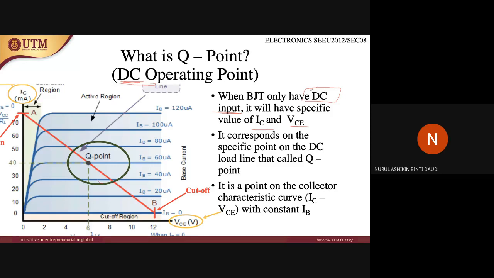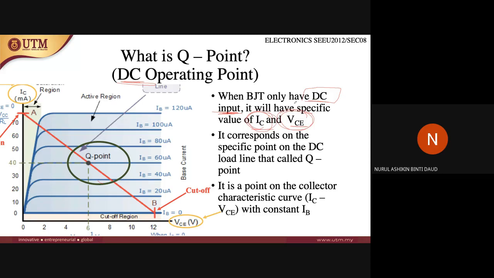DC input means that the input of the transistor at the base is no longer variable. It is a specific value of voltage applied to the base. So when the BJT only has DC input, it will give you specific IC and VCE voltage.